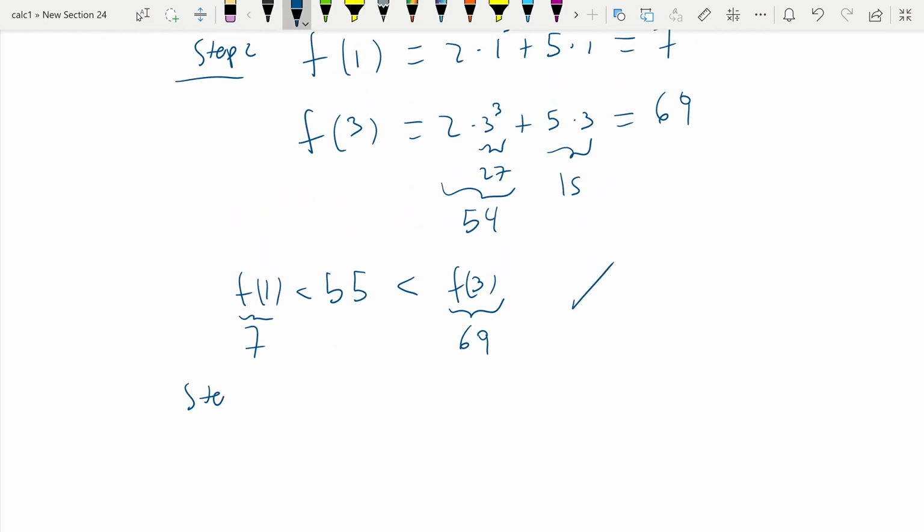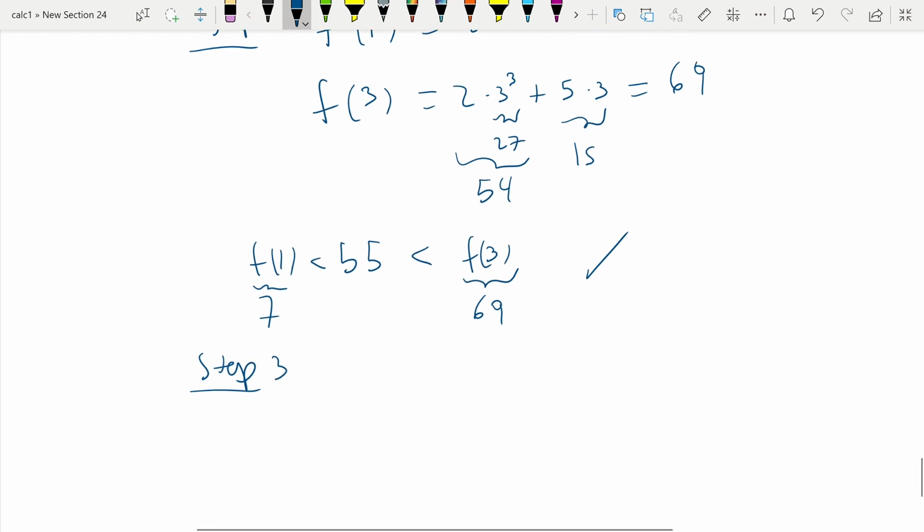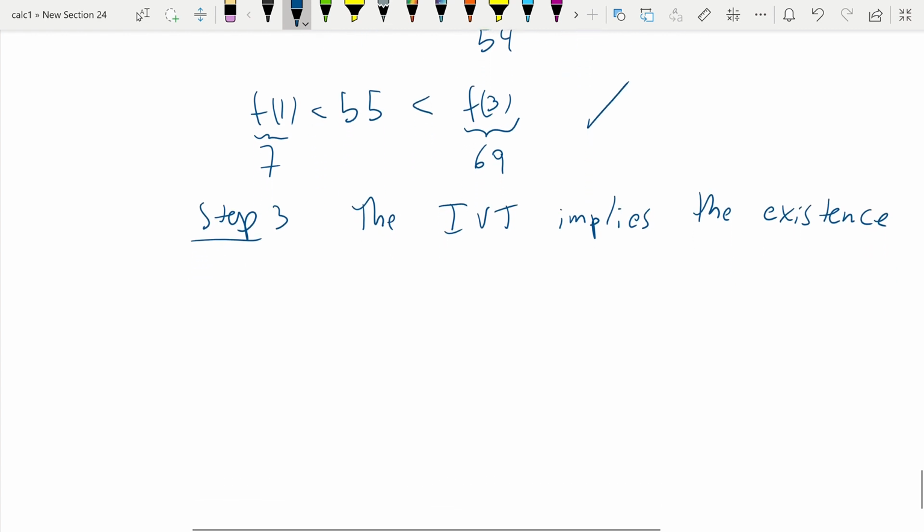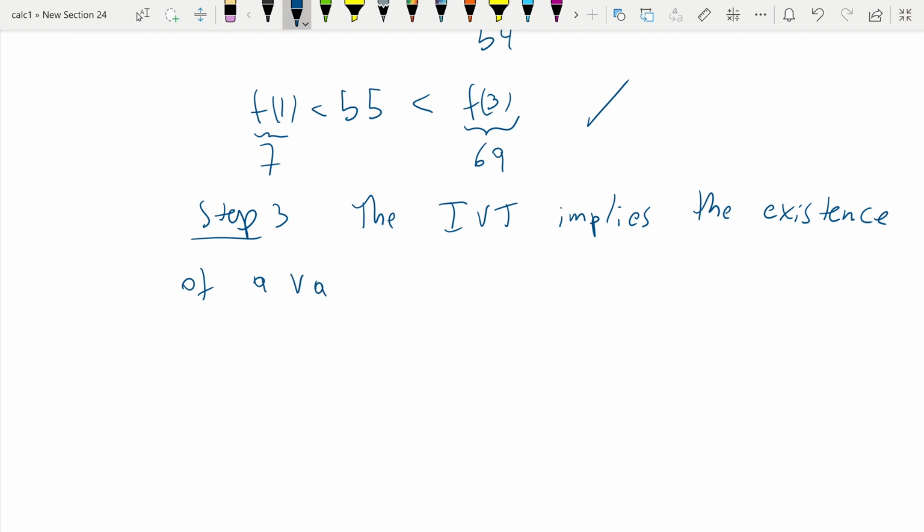And so the final step, step 3, is to conclude: the IVT implies the existence of a value c in between 1 and 3 such that f of c is equal to 55.